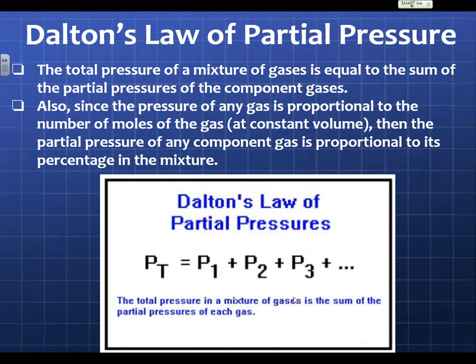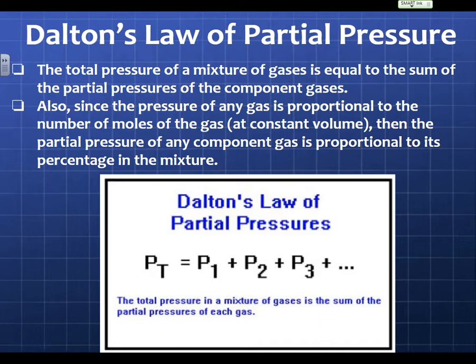We also have to understand, however, that since the pressure of any gas is proportional to the number of moles of the gas, we're going to be using that relationship as well. If the volume remains constant, then the partial pressure of any gas in the mixture is proportional to its percentage.